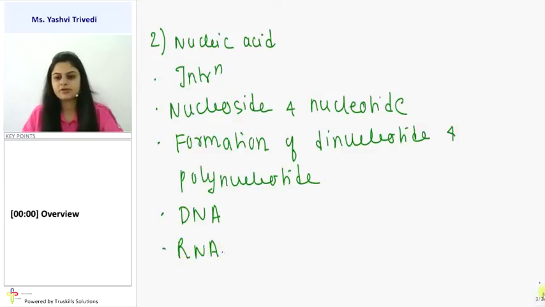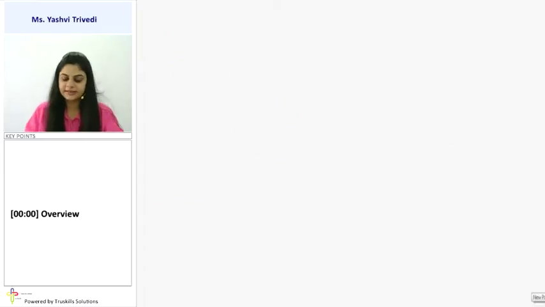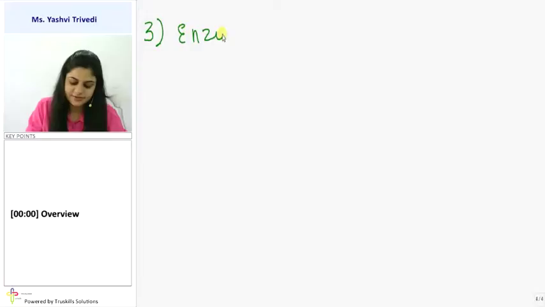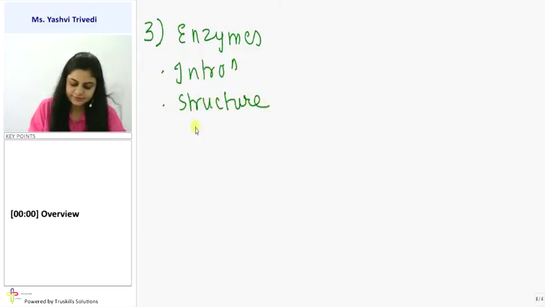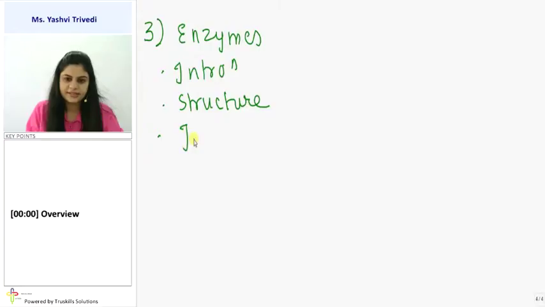So this is all about the nucleic acids that we are going to study, and the last part of this chapter is enzymes. So again, first of all we'll see the introduction of the enzymes, then we will see the structure of enzymes, then we will see the importance, or basically the speciality, the specific characters of the enzyme.